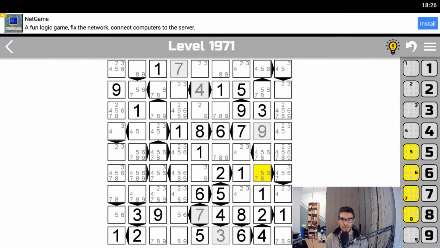Okay, then I can remove the 4 from this area, and from here, and this line. And that doesn't really give me anything on this side, other than this can't be a 5 anymore. But then that's it, right?